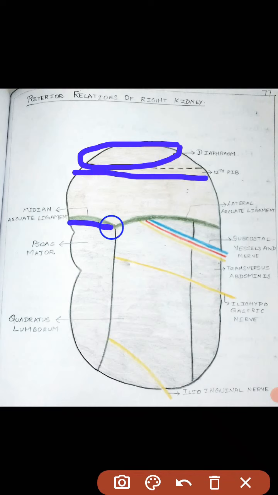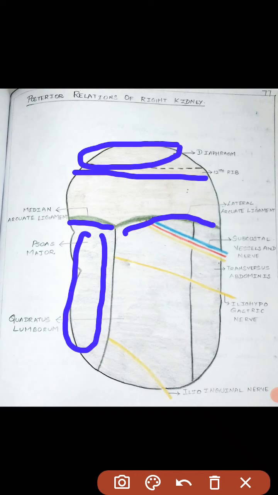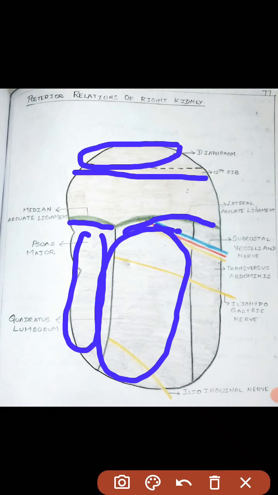Median arcuate ligament, lateral arcuate ligament, psoas major. This is the psoas major. This is the quadratus lumborum and transversus abdominis. Psoas major, quadratus lumborum, transversus abdominis are present in order.